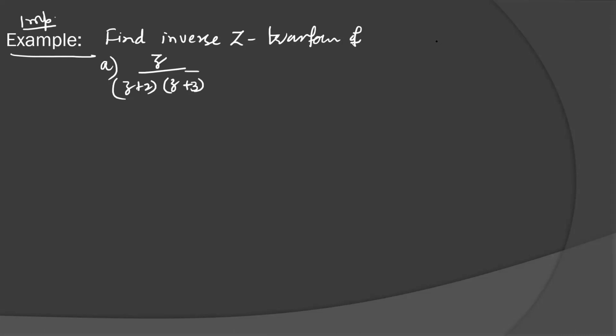Remember, we know that the Z transform of a^n is z over z − a. Ultimately, you want z in the numerator. So always try to factorize F(z) by z. Always try to break the partial fraction of F(z) by z.